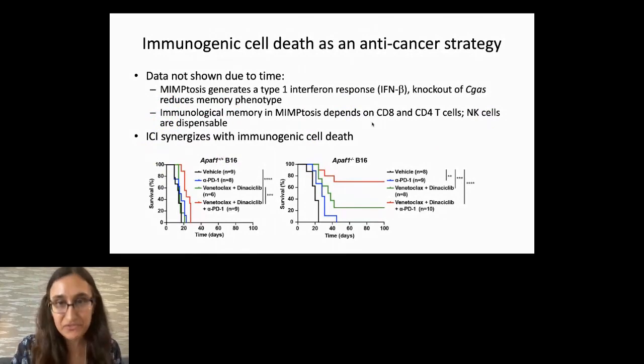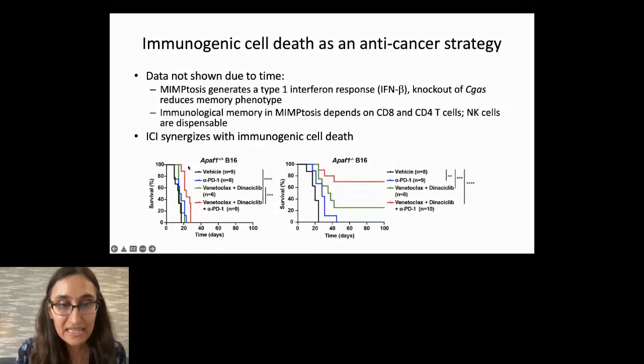The cancer cells secrete interferon beta, that in the knockout of cGAS, you reduce this kind of memory phenotype, don't eliminate it entirely, that it depends on CD4 and CD8 T cells. And the last thing is just, again, coming back to the motivation for cancer immunotherapy. The immune checkpoint blockade can synergize with immunogenic cell death.